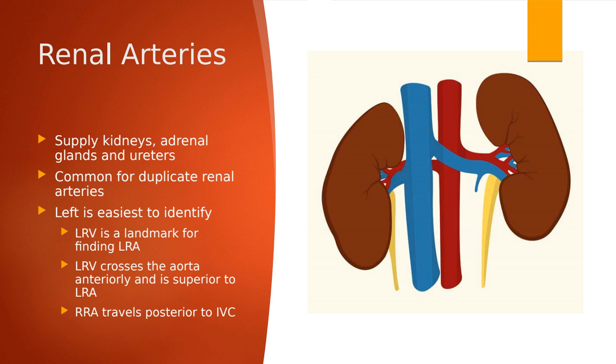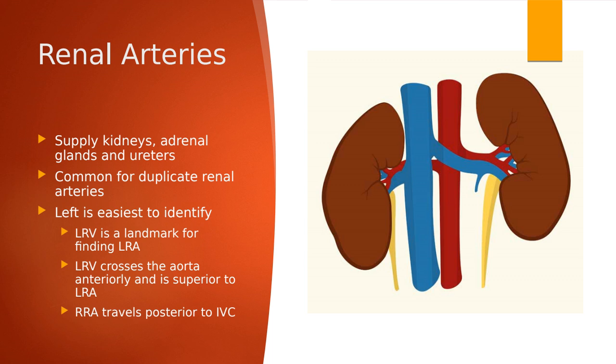So typically our aorta is going to be on the left side of our body and the IVC is going to be on the right side of it. And the IVC usually sits in front of the aorta. So the right renal artery has to loop around posteriorly behind that IVC to reach the right kidney.